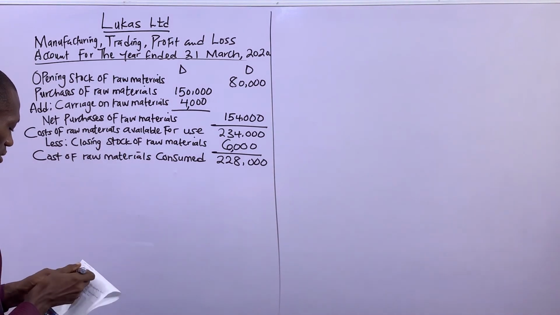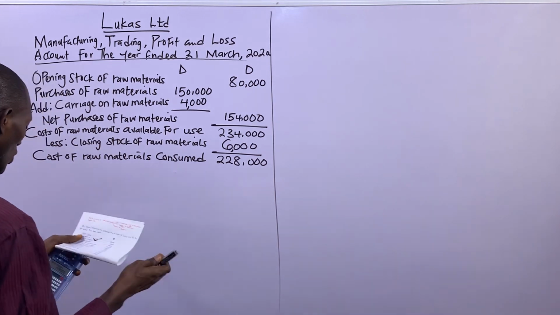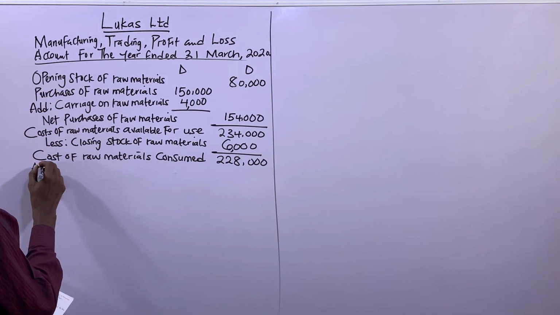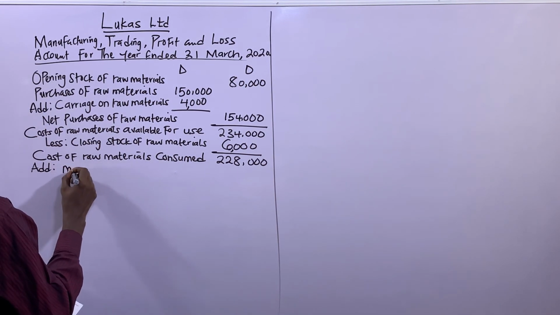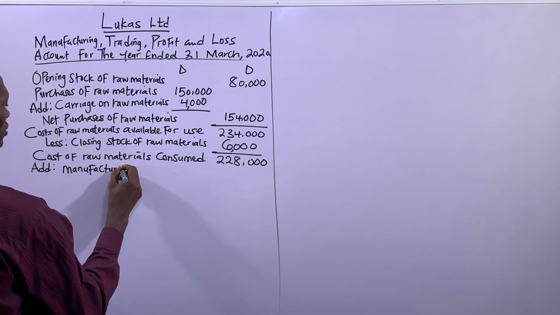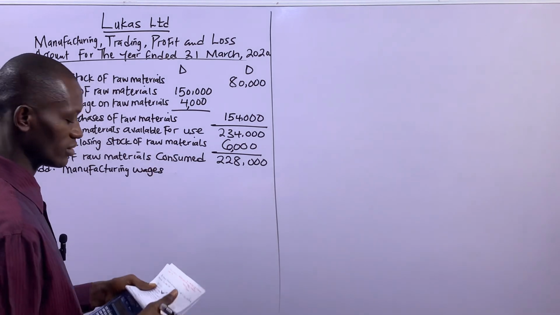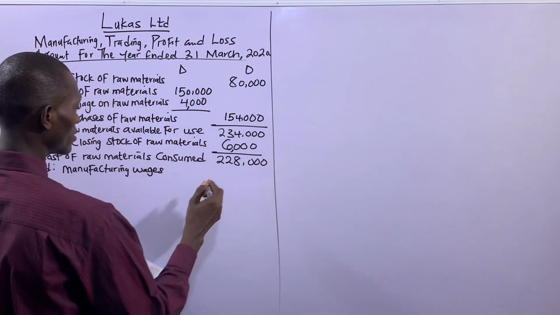In this question, the direct costs given here are manufacturing wages, which we also said is the same thing as factory wages. So manufacturing wages is 30,000.